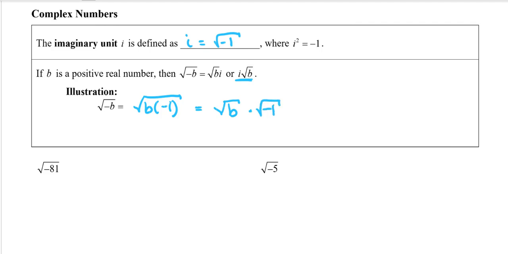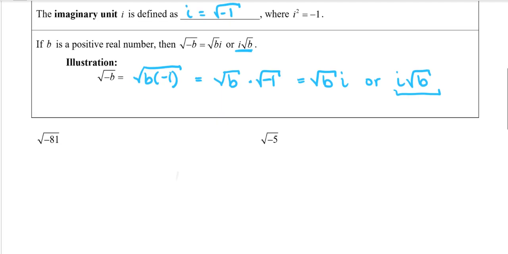And we've just said the square root of -1 is the imaginary unit, so we have the square root of b times i, or again, we can write that as i times the square root of b. Again, this is generally the preferred format, simply so it doesn't look like something that's outside the radical is still inside the radical. If we write it in the back, it's easy to get confused.